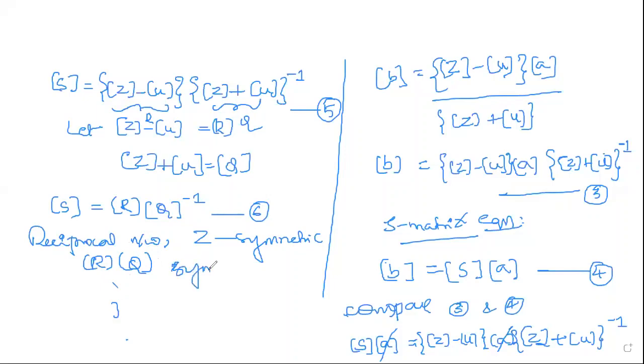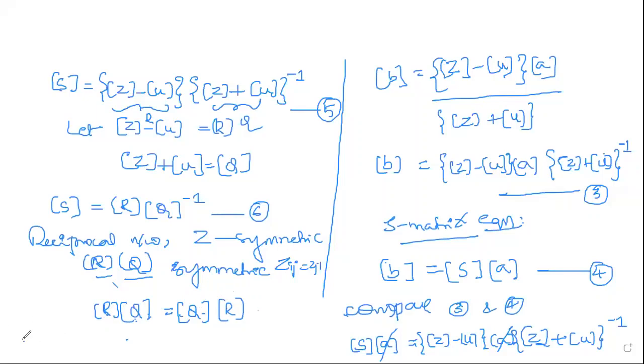So if both R and Q are symmetric, how will you write the equation? For Z you had written two terms, Zij is equal to Zji. Here you have matrices. So how can you write the symmetry for a matrix? Transpose. R into Q is also equal to Q into R. This is what symmetric is.